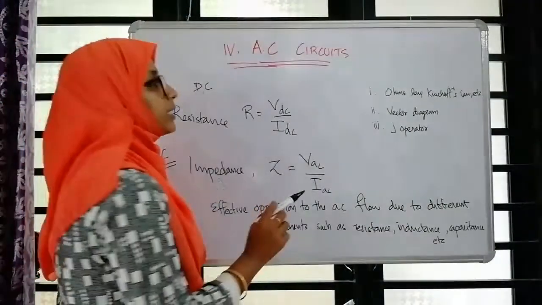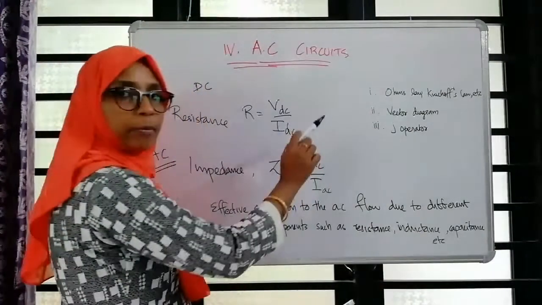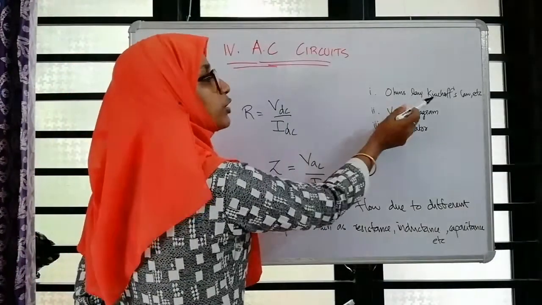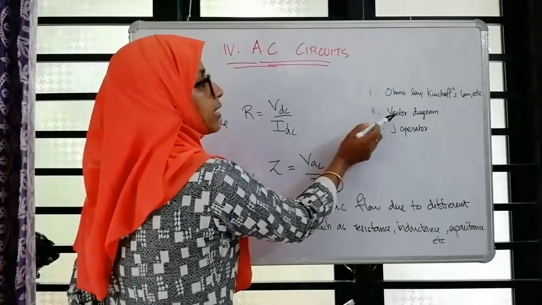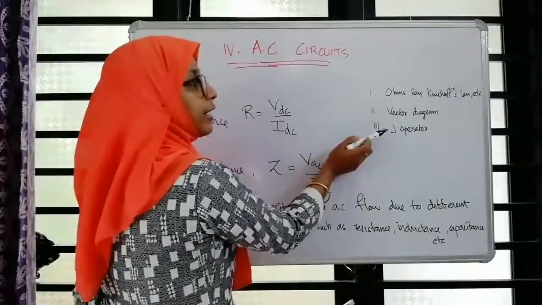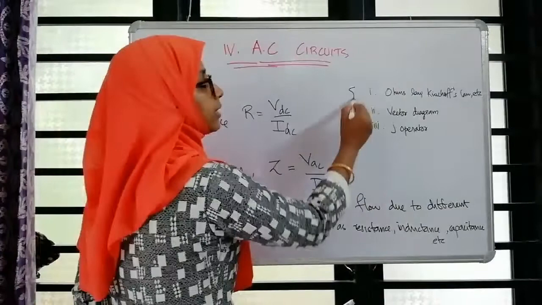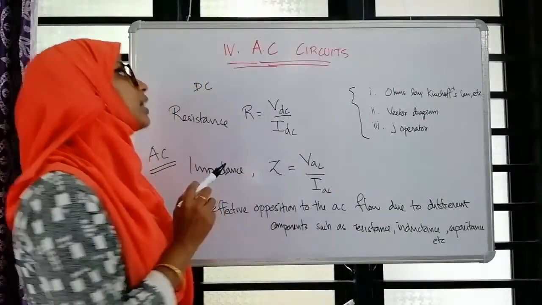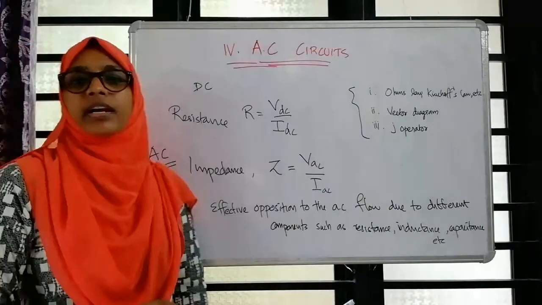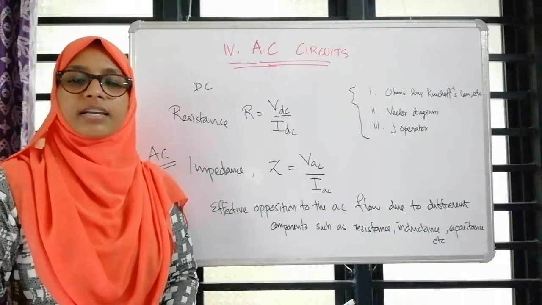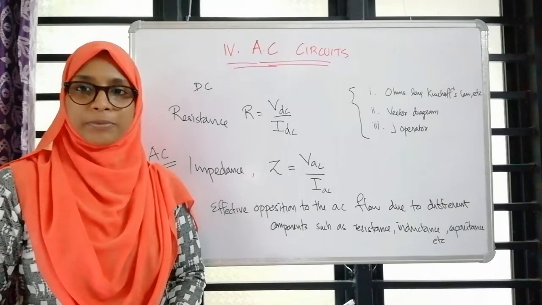The first method is we can explain the terms EMF and current using Ohm's law, Kirchhoff's law, etc. And then by using the current and voltage as a vector diagram and using the J operator. These are the 3 methods we are going to discuss in this module to explain and to know about an AC circuit and its EMF and current components.